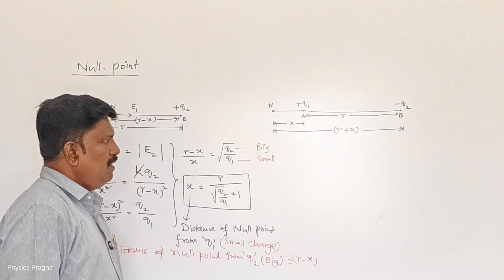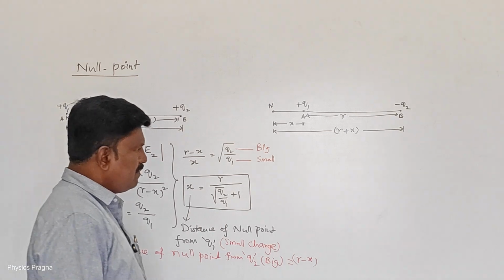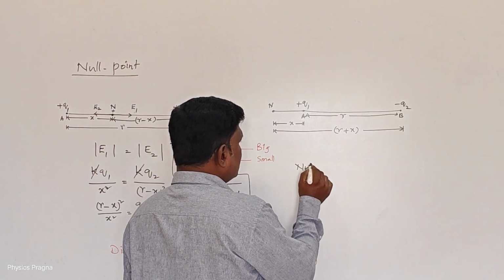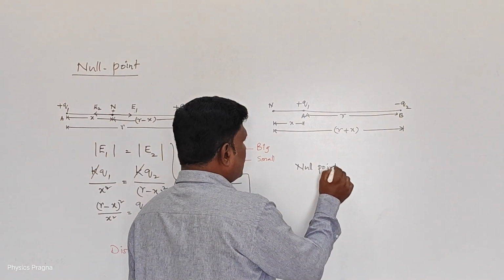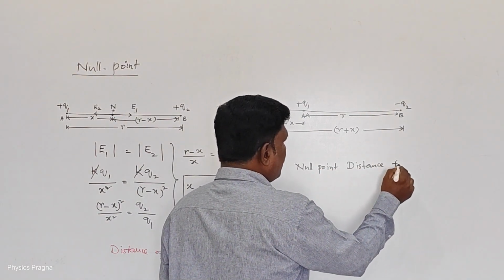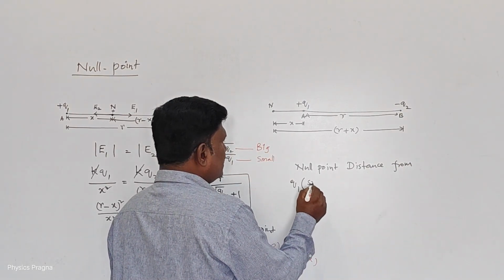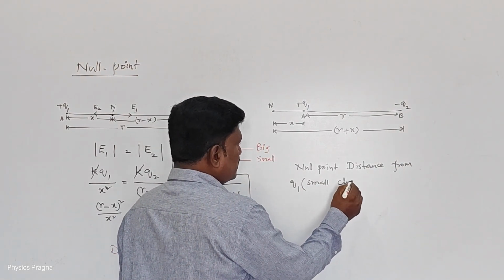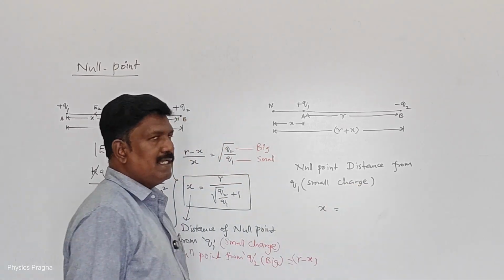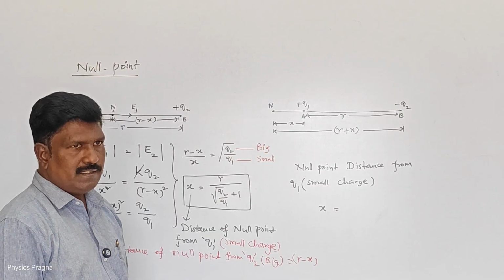So I won't derive the formula once again for this. You just remember like this: the null point distance from Q1, that is the small charge, X is equal to this relation. If you remember it, so easily with lightning speed you can answer the questions.